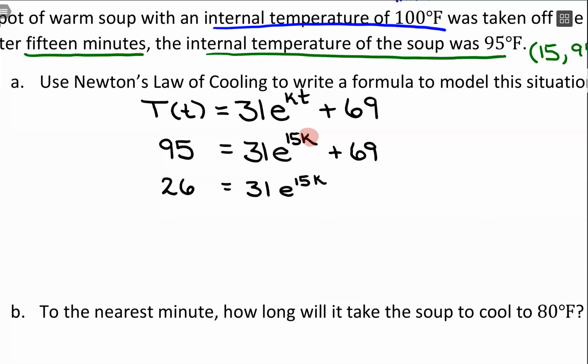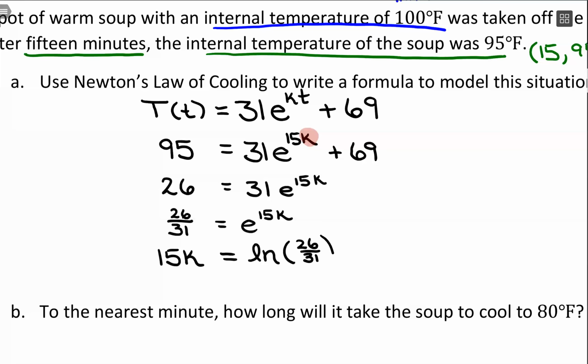I'm going to divide by 31 on both sides. So it would give us 26 over 31 equals e to the 15k. And now in this form, we can change to logarithmic form. Or you can think of it as taking the natural log of both sides. But what we should end up with is the exponent, 15k, equals the natural log, so logarithm base e, of the value 26 over 31.